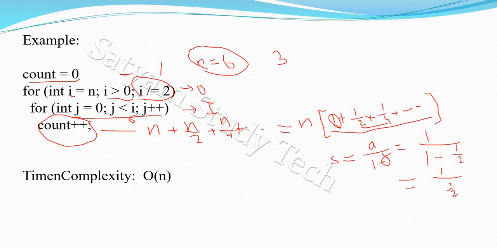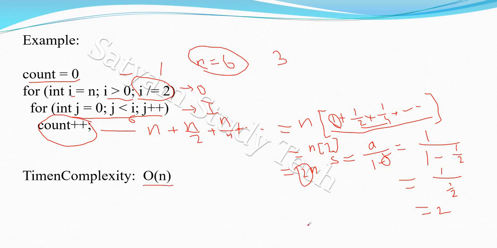So what is the value here? It is 2. So n into 2, the value of this equation is 2n. Now 2 is a constant, so we can consider the time complexity of this particular algorithm is big O of n.